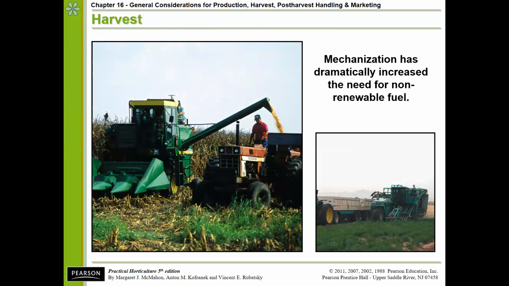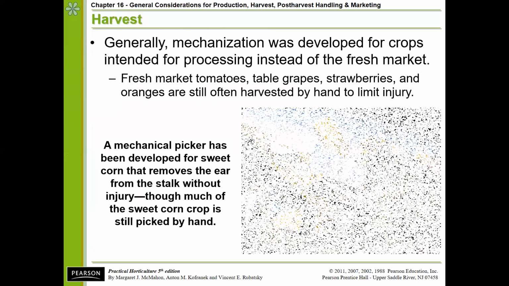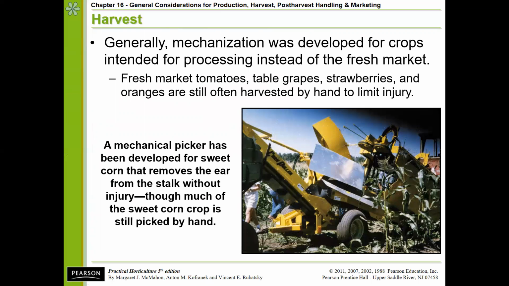Here's harvest of a corn crop. And in many cases, this can reduce the need for fuel sources, although in some cases it can also increase the need for fuel, depending on really the technology of that mechanization.